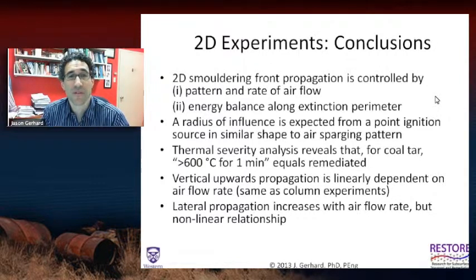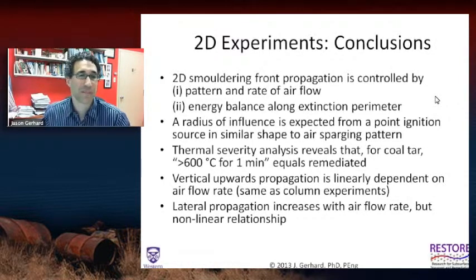We see that the front propagation is controlled by the pattern of airflow and the rate of airflow. So, if you were to inject your air in a different manner, it probably could change the pattern of propagation. Certainly the rate of airflow is shown to be a critical parameter. We see that there is some energy balance.